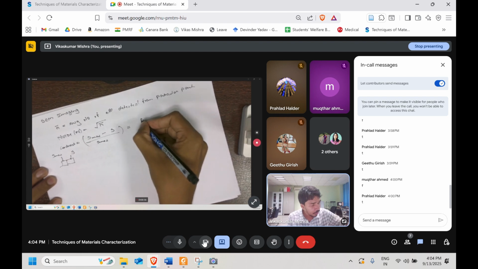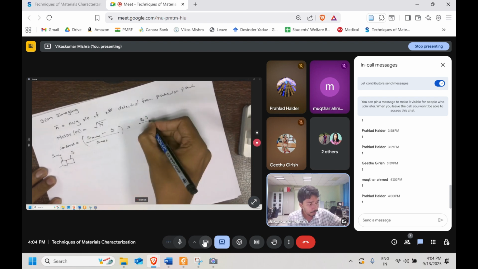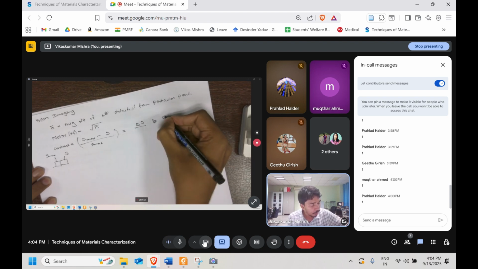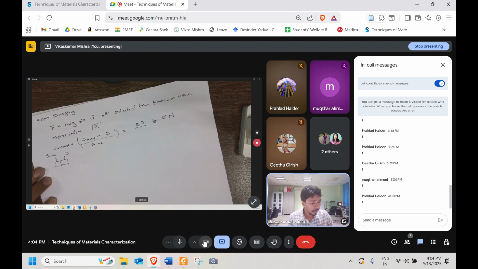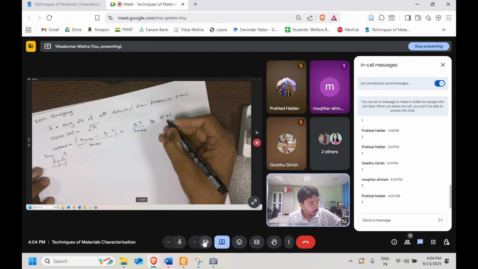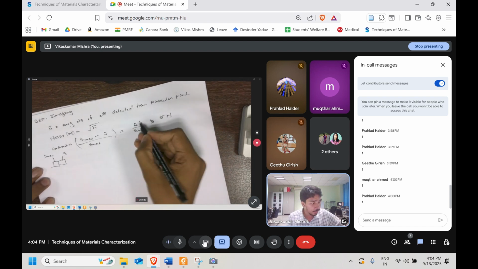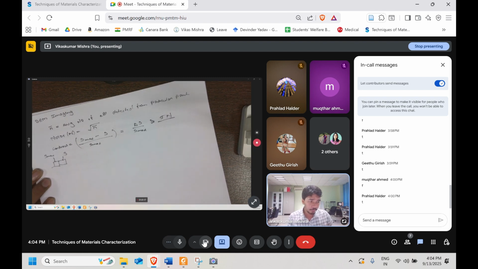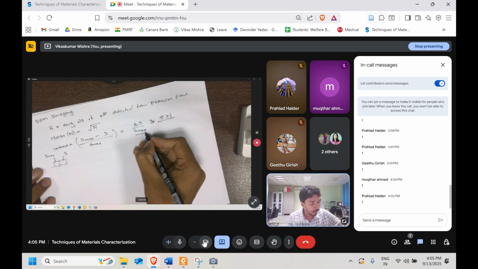Now this difference should be greater than 5 times the noise ratio. We can divide it by S max. So this delta S should be greater than 5 times the noise, then only we will be able to detect it, divided by S max, the maximum number of signal.